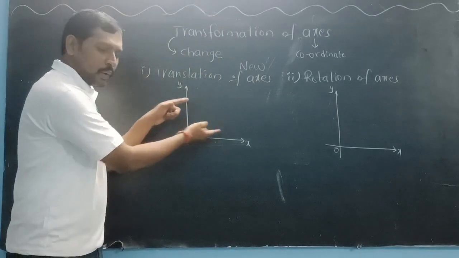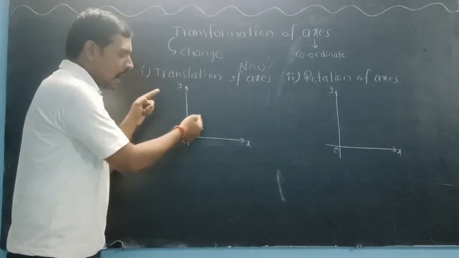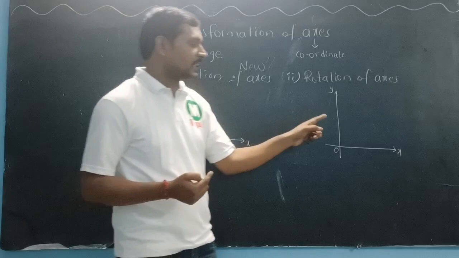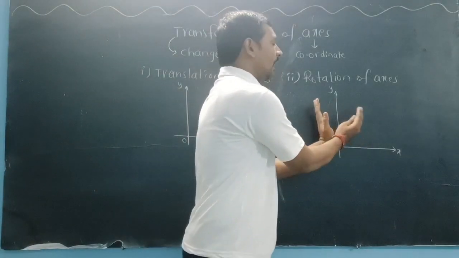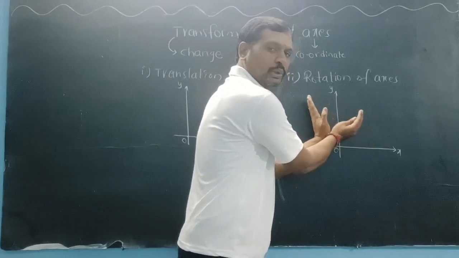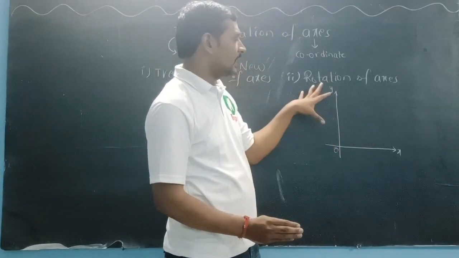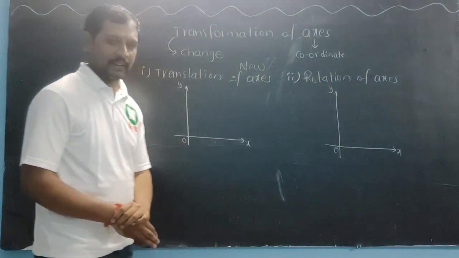So here without changing direction, origin is moving, whereas here without changing origin, the coordinate axis is moving through an angle beta, that is known as rotation of axis.